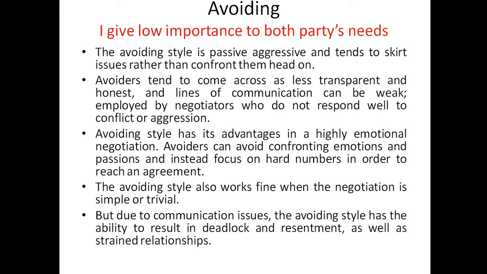This style works fine when the negotiation is simple or trivial, like it really does not matter, then you can use the avoiding style. But due to communication issues, the avoiding style has the ability to result in deadlock and resentment, as well as strained relationships, because the other party will think that you are not taking them seriously.